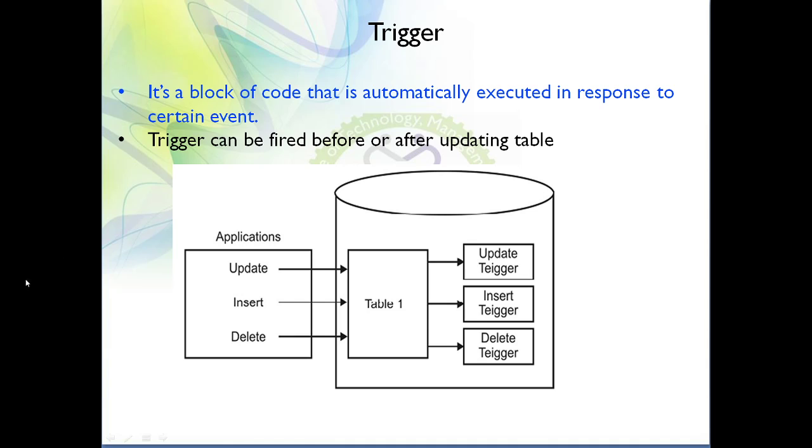Here you can see, suppose I try to perform an update operation on table 1, then automatically the update trigger gets executed and it will display some kind of message. Similarly, when I try to perform an insert operation on table 1, the insert trigger gets executed, and when I try to perform a delete operation on table 1, the delete trigger gets executed. So trigger is a code that is executed automatically.